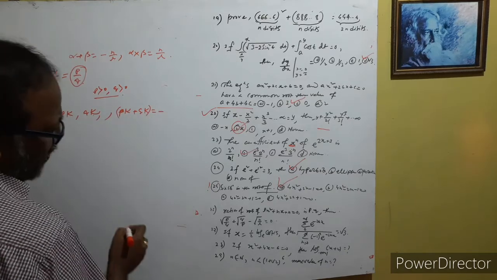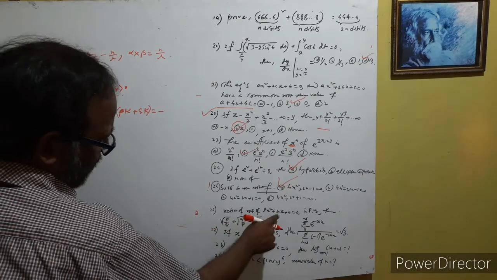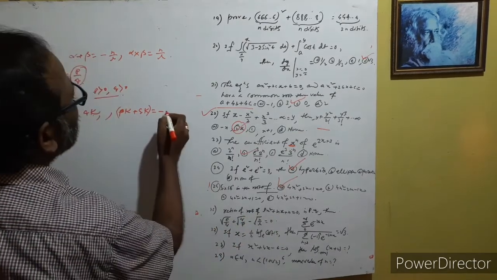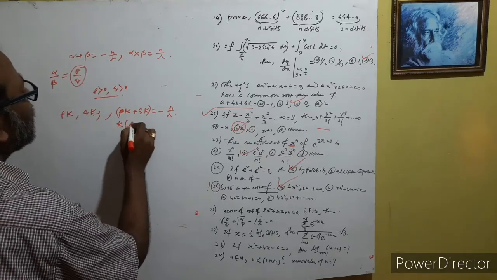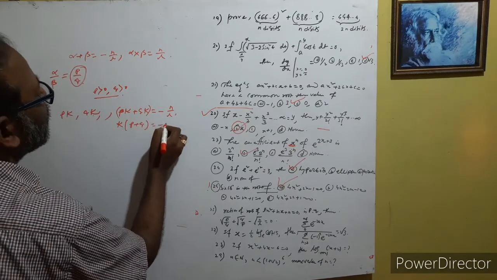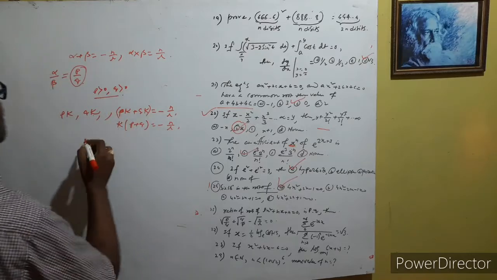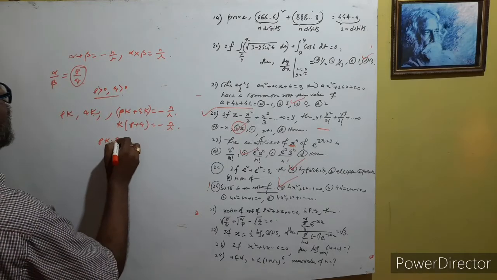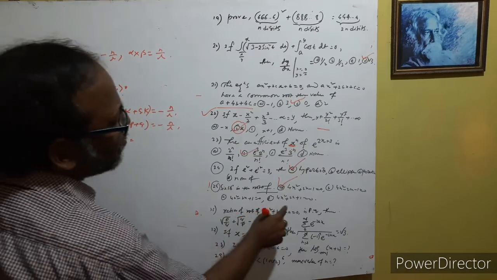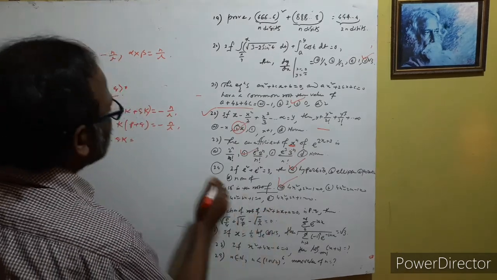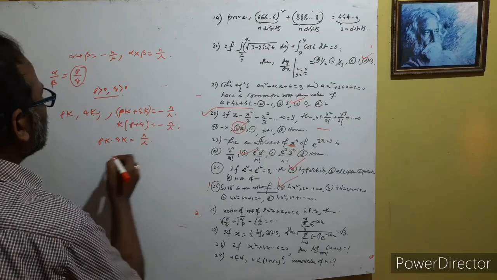So p plus q is minus n by l. Again pk into qk is equal to c by a, that is n by l.